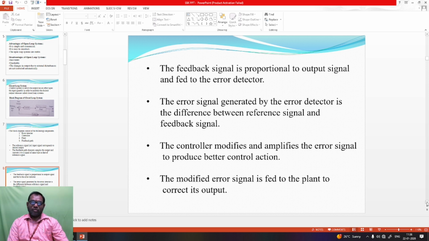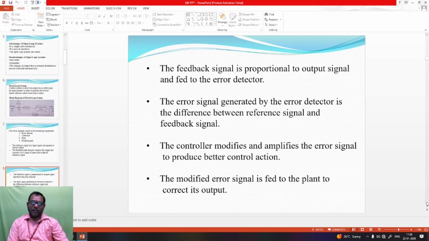The controller modifies and amplifies the error signal to produce better control action. The input is received from the error detector, and the controller modifies the process, whatever kind of process they are doing. It may be a temperature control, or a servo motor control, or a traffic light control.